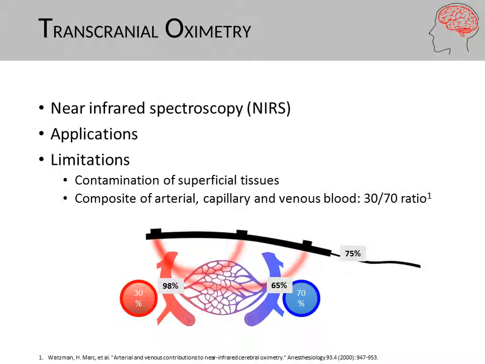And another major limitation is that we only get one value, and that is a composite of an arterial and venous fraction. So, for example, if we have an arterial saturation of 98% and a venous saturation of 65%, we get one single value, and for the device we used, the calibration, the relative contribution, is said to be 30% arterial, 70% venous.